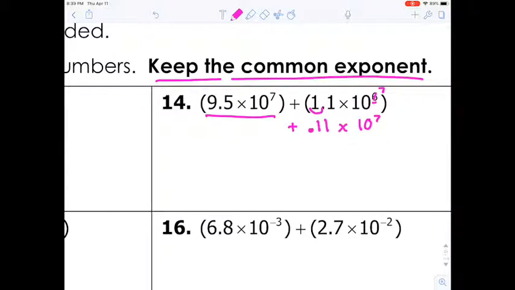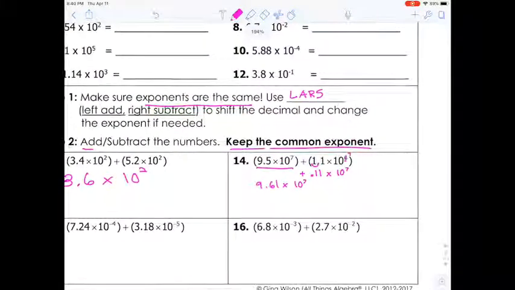So now I add the two of them together, and 9.5 plus 0.11 would be 9.61 times 10 to the 7th power.